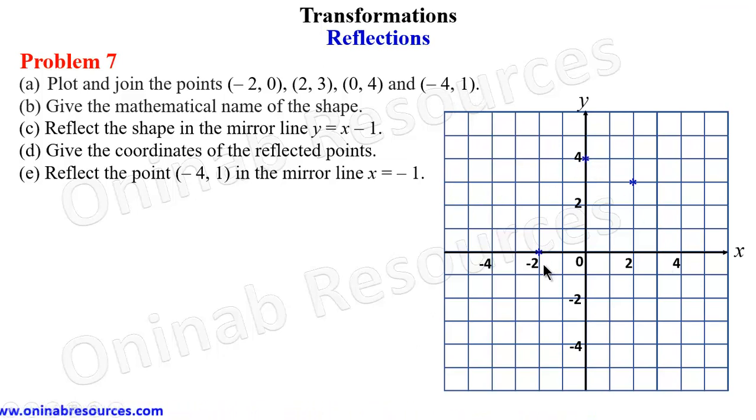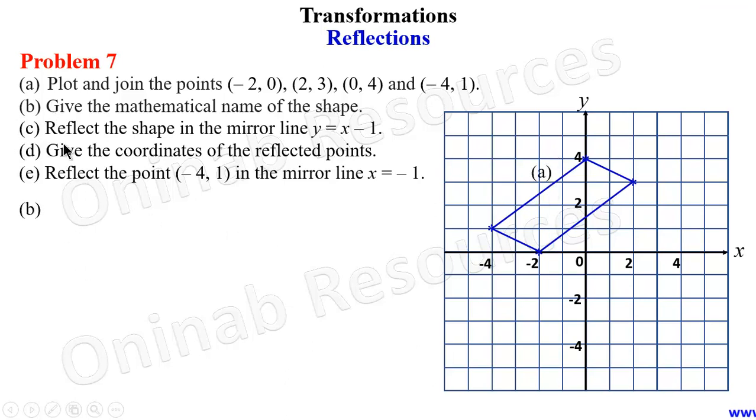Negative 4, 1. This is negative 4 going up. This is 1. Then we join the 4 points. So we join this to this, this to this, this to this, and this to this. So we have plotted and joined the points, and that is A.